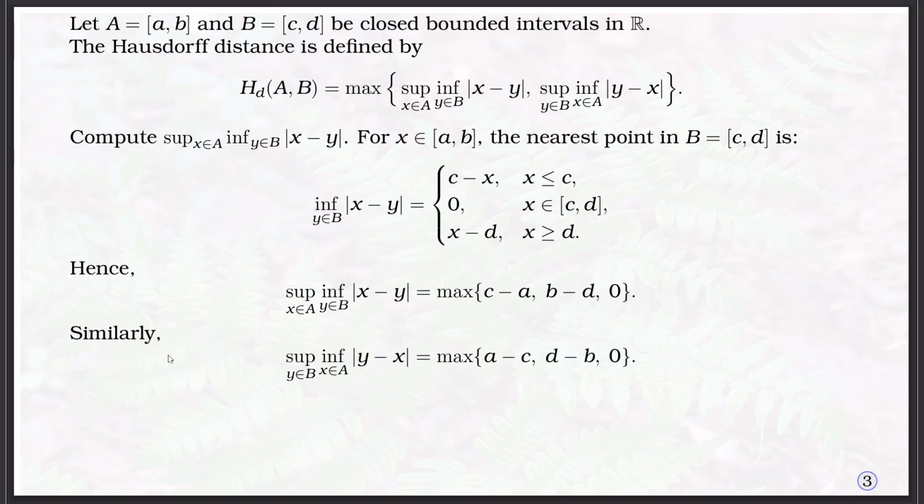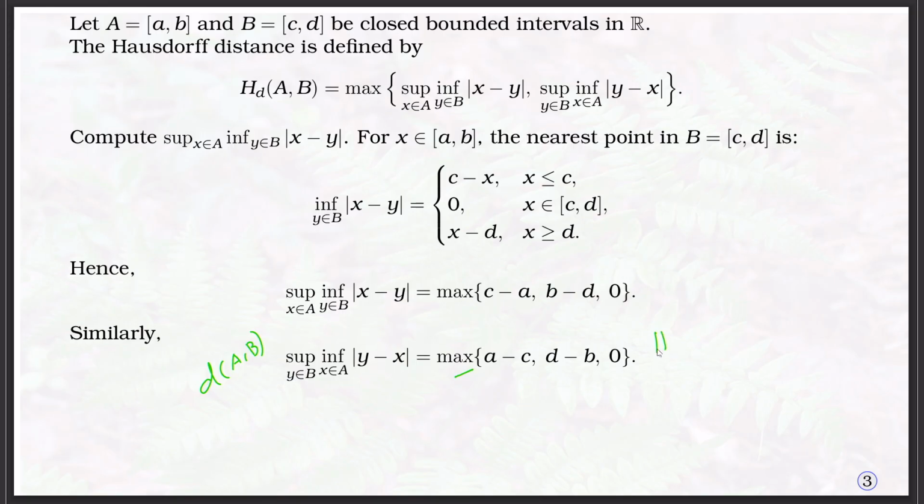Now similarly, the supremum and infimum of y minus x, that means the distance between A comma B, can be written as A minus C, D minus B and 0. With a similar argument, one can get this.